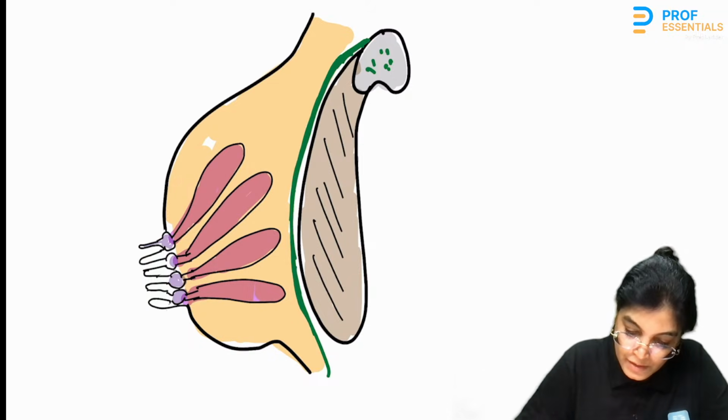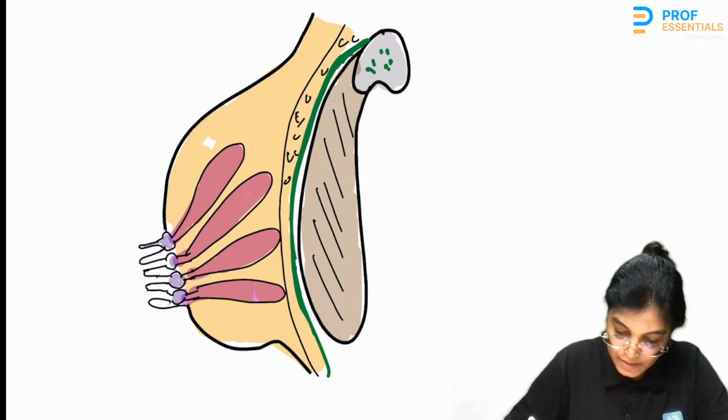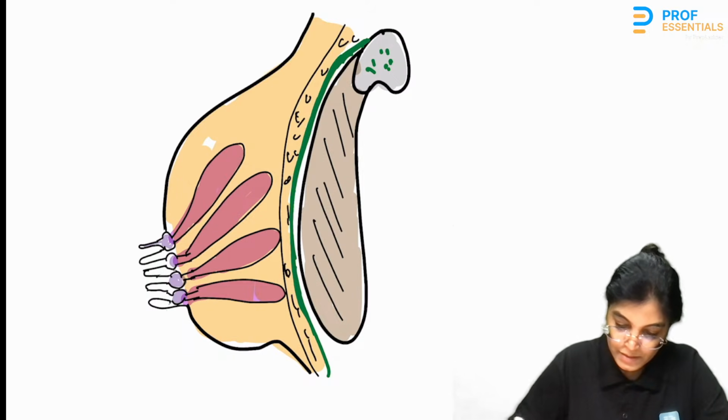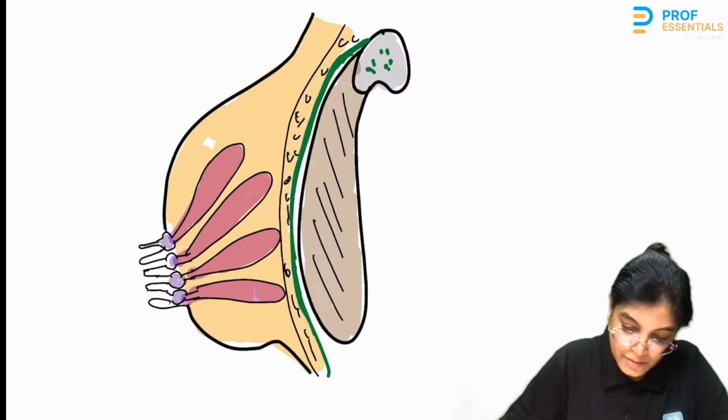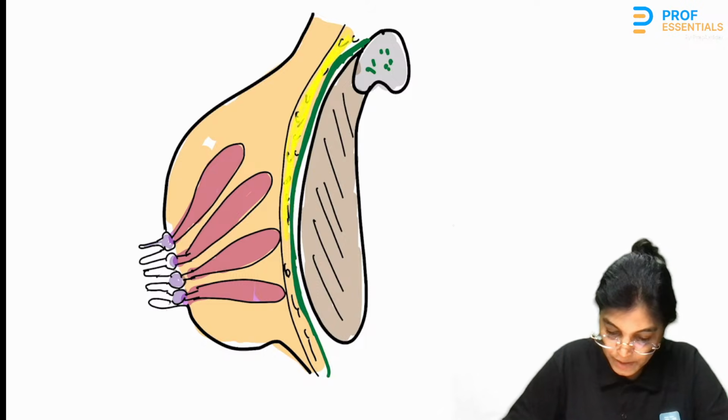If you want to draw, then you can see the retromammary space. This can be drawn like this. This will be the retromammary space.